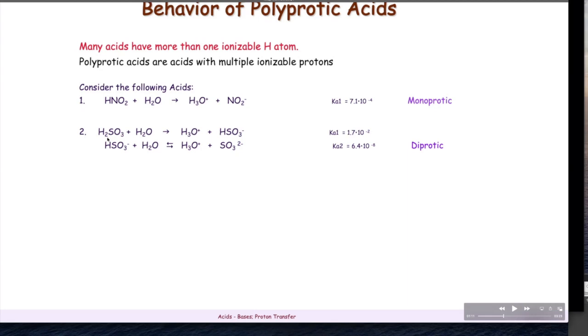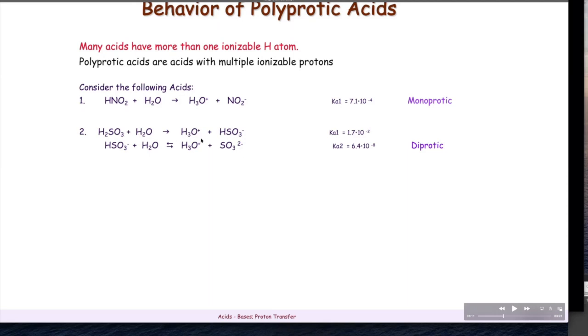Sulfurous acid, H2SO3, remember, sulfuric acid is H2SO4. That's a strong acid, but sulfurous acid is a weak acid. And so it's got two Kas, one for each of the hydrogens that comes off. Now, this second hydrogen doesn't peel off until the first hydrogen comes off.